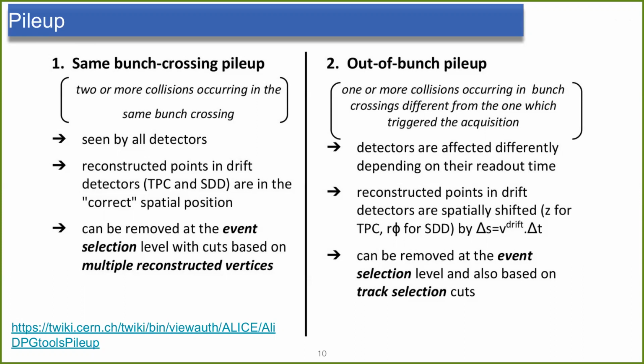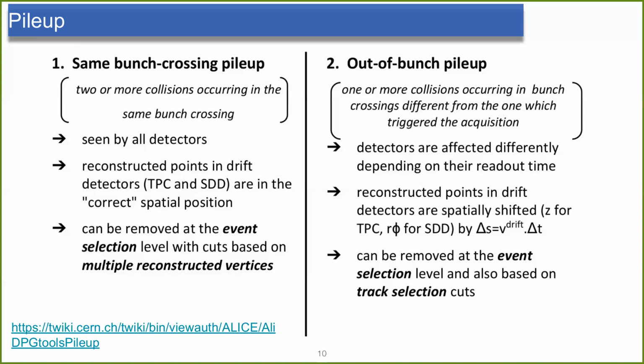Why these 12 bunches? Because the time spacing between two bunches is around 25 nanoseconds, and if the readout time of the SPD is 300, then when the SPD completes the readout of one event, it can take hits from the other neighboring 12 bunches. If you divide 300 by 25, you get this 12 bunch crossing number for the SPD.